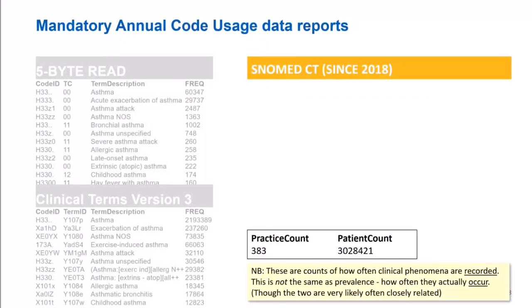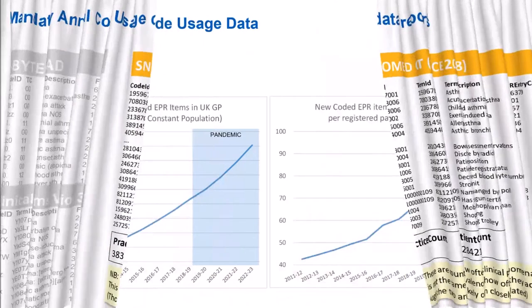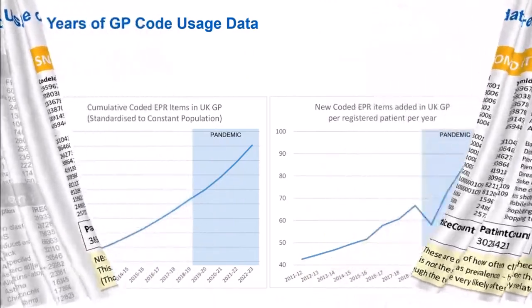At the moment, we are quite lucky, partly because we've only got 2 suppliers, and they are required once per year to submit a single report that lists all the SNOMED codes that have been used at least once within their estate in the last 12 months, plus a count of how many times each code had been used to add a new electronic patient record entry anywhere within their estate. And also a practice count, so how many patients and how many practices submitted this data.